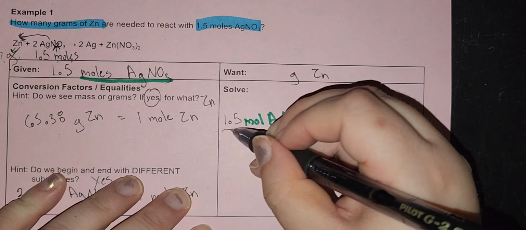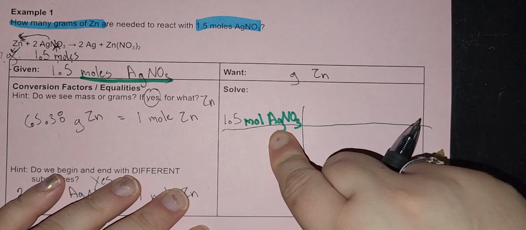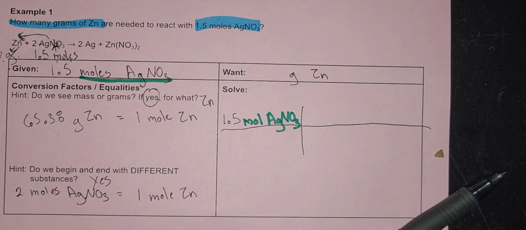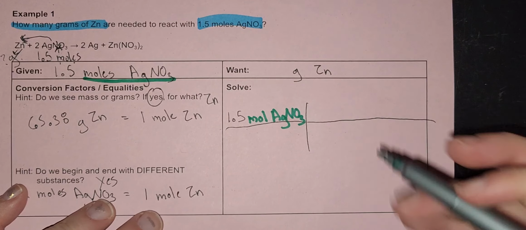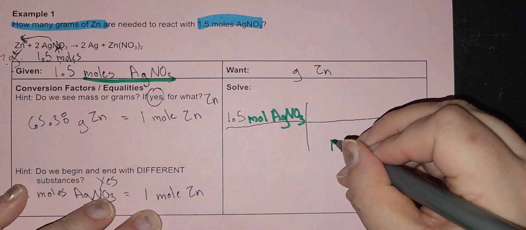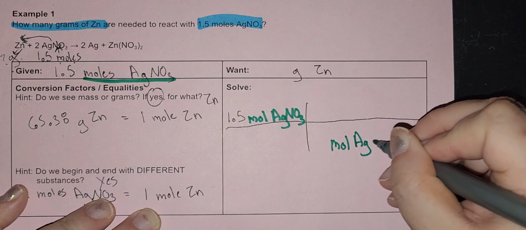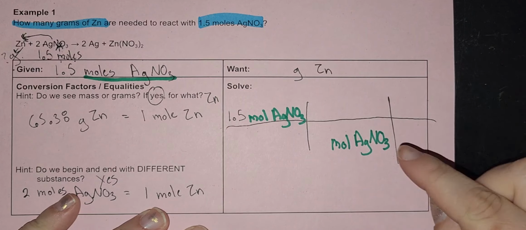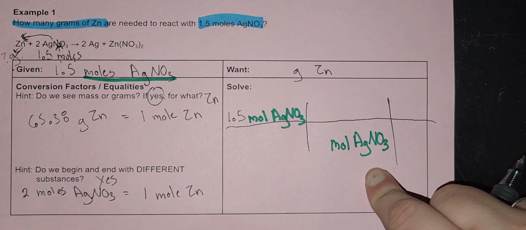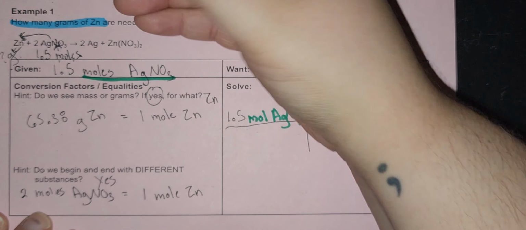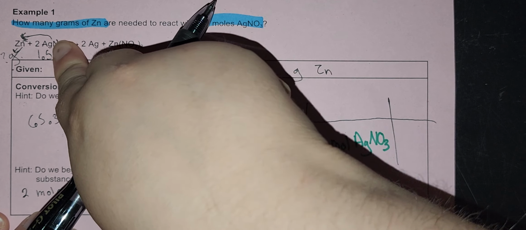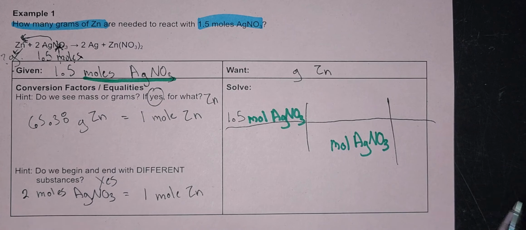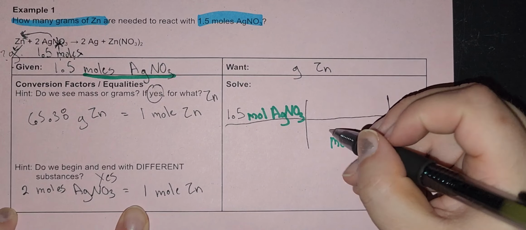So now that we have moles of silver nitrate, we want this to cancel. So we're going to have the same unit down here. We want to have the unit moles of silver nitrate on the bottom. But we're going to have to look at our chemical equation to figure out how we can get this. Now we're starting here with moles. To go into the equation, we have to convert to moles. So to go from moles to moles, to change that substance, we're going to have to use the mole ratio.